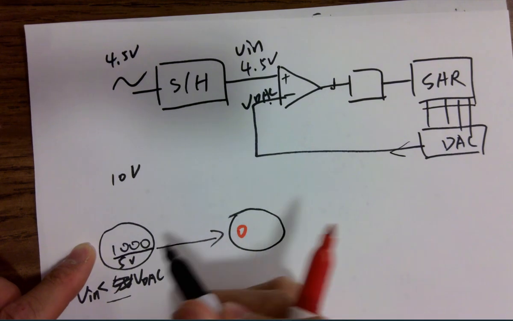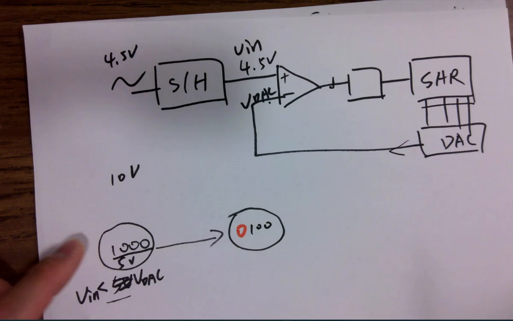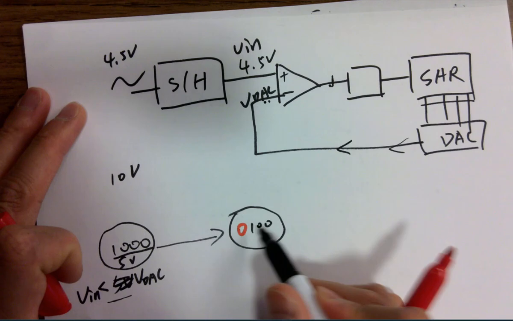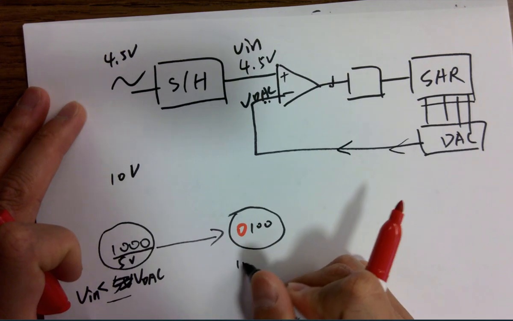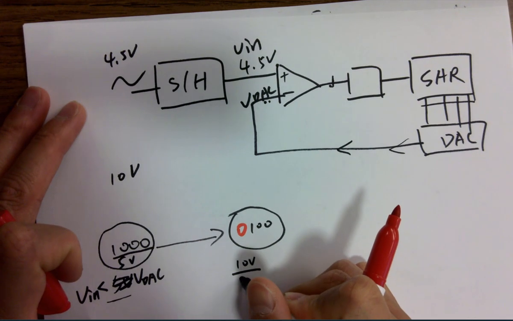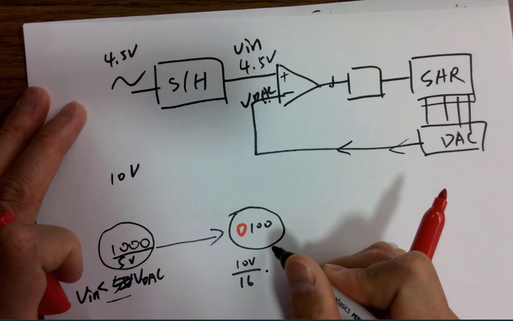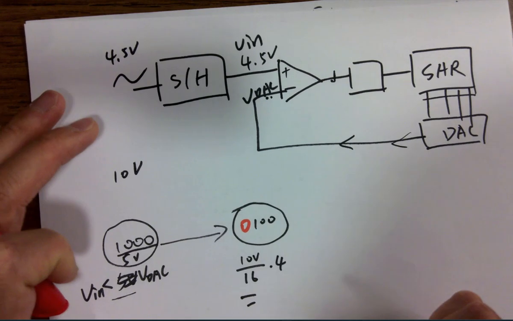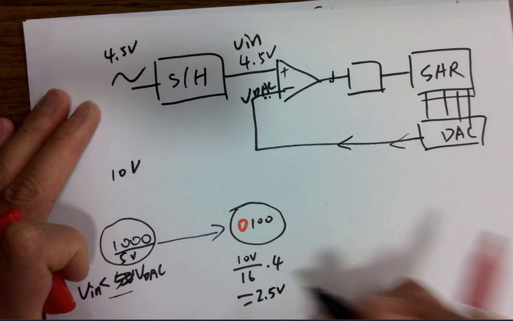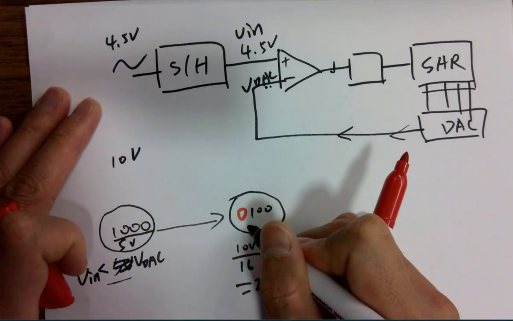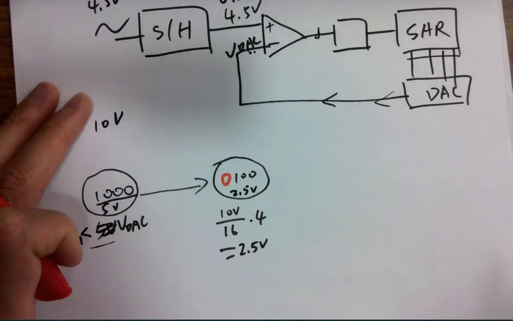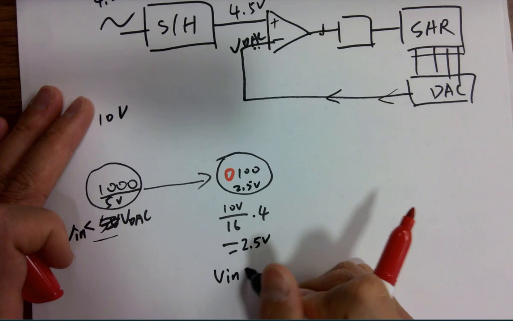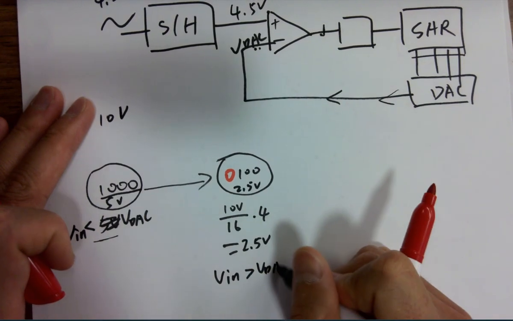And shift everything here to the right. So that will be fed back here, and this is 10 volts divided by 16 times 4. Is that right? 2.5 volts. I mean, you can write a 2.5 volts inside of the circle here. Yeah, 2.5 volts. So 2.5 volts, and then you know that V in is larger than VDAC.